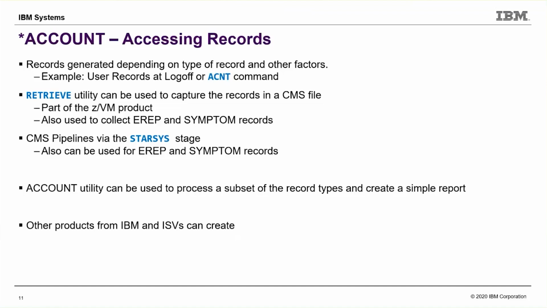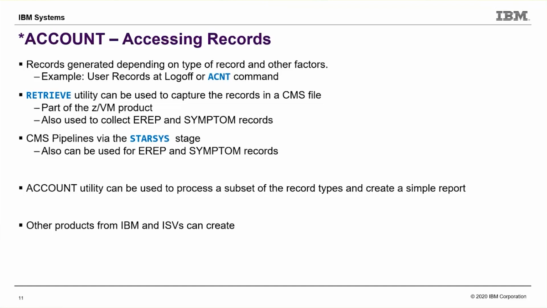I mentioned Retrieve. You can also use CMS Pipelines. A couple weeks ago when we covered that, I mentioned very briefly a stage called STARSYS. There's also one called STARMON that's unique to monitor. But STARSYS allows you to connect to a number of the other system services. I do have some clients that have written their own accounting package based off of pipelines.